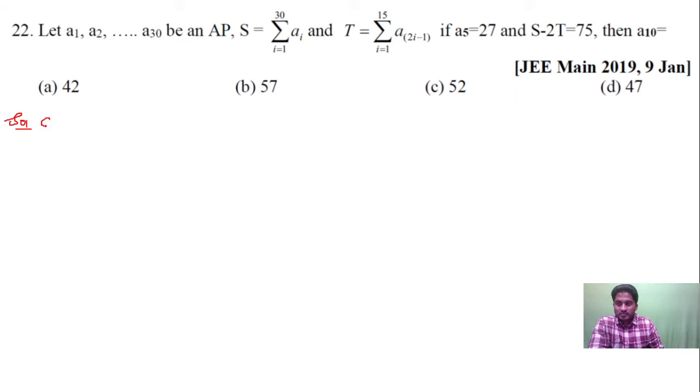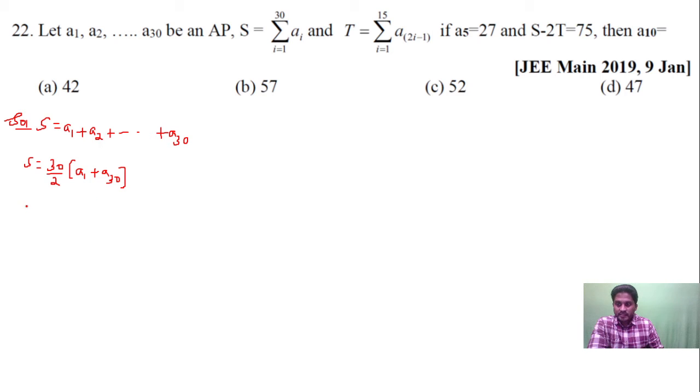So the sum S is equal to the sum from i equal to 1 to 30, right? So this is a1 plus a2 and so on up to a30. So this is in AP. So the sum Sn is equal to n by 2, that is 30 by 2, into first term plus last term, that is a1 plus a30.